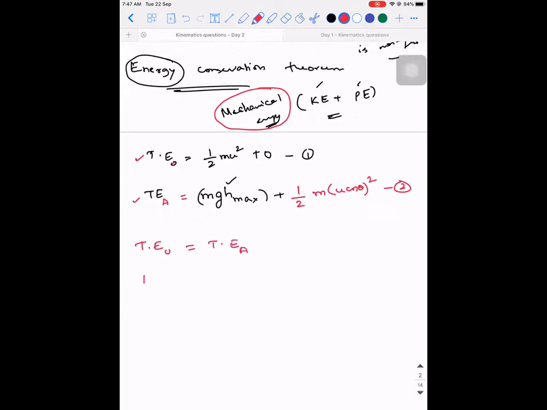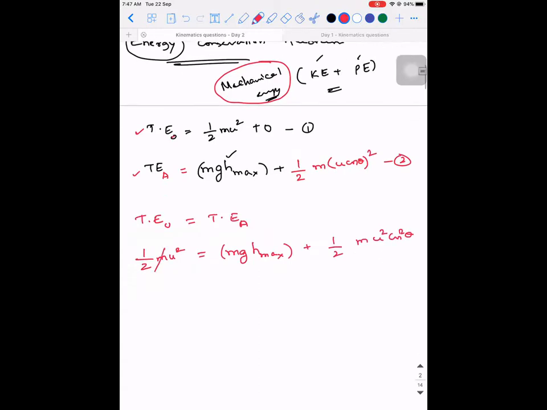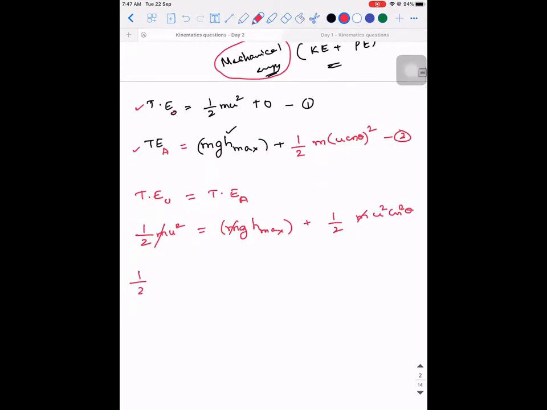So what is the total energy at point O? Half m u square is equal to mg into h max plus half m u square cos square theta. Correct? m is gone. So half into u square I'm taking out common. If u square cos square theta comes to the left hand side, it will be 1 minus cos square theta is equal to g into h max.